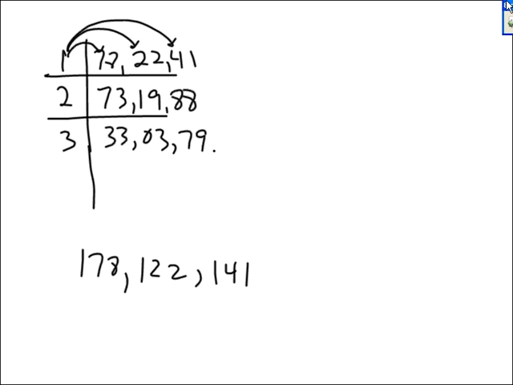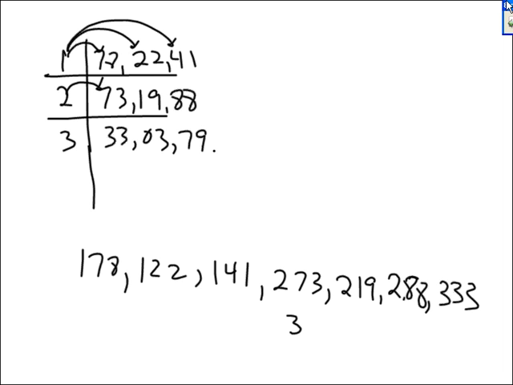A 1 and then a 4, 1. Oh, 141. Why didn't you say so? 2 and then 73. 2 and then 19. 2 and no comma and then 88. 288. 333. 3 and then 03. 3 and then 79. That is how you read numbers off of a stem and leaf graph.